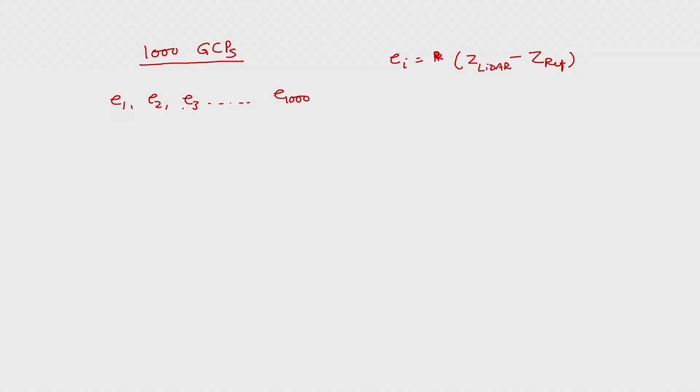So, you have determined these errors and then you find out where is your E950, that is the 95th percentile. And then you will report this E950 as the accuracy or the error of LiDAR data. So, that is the accuracy here.